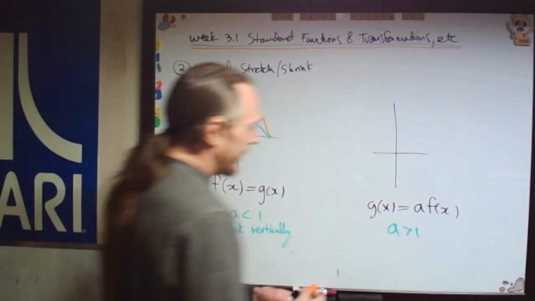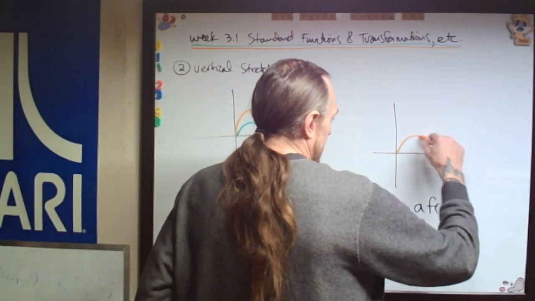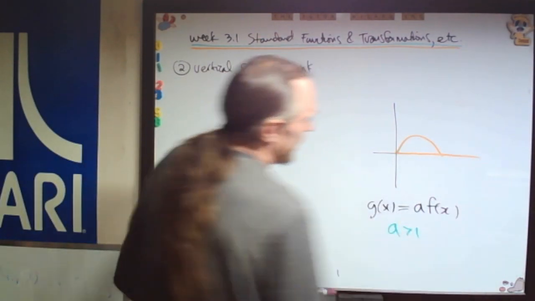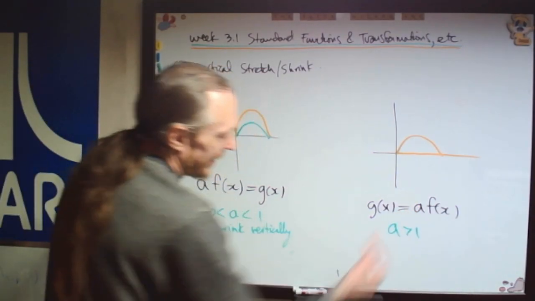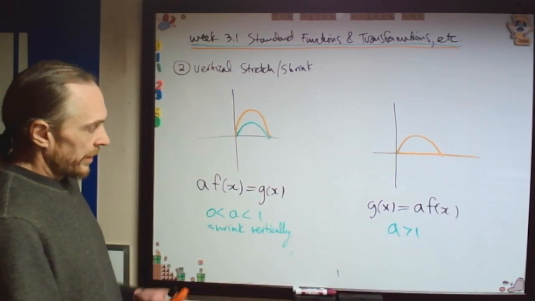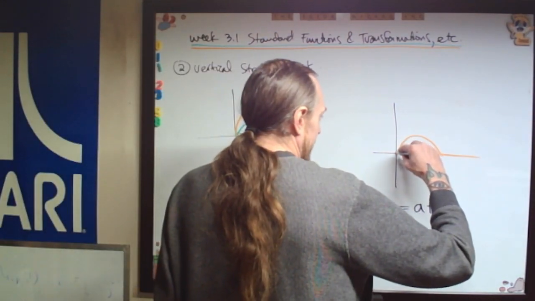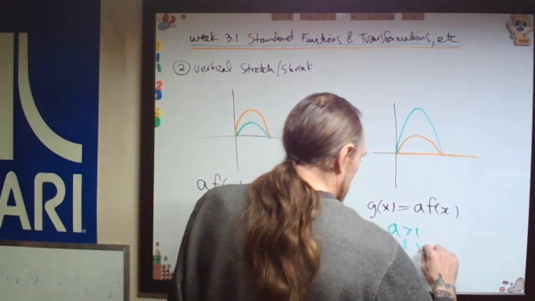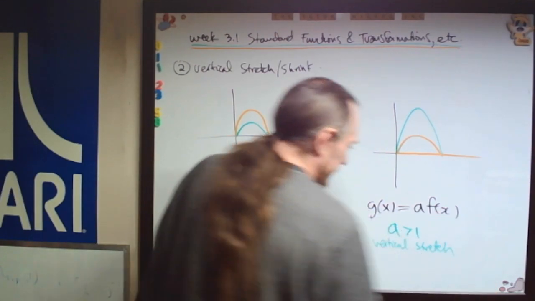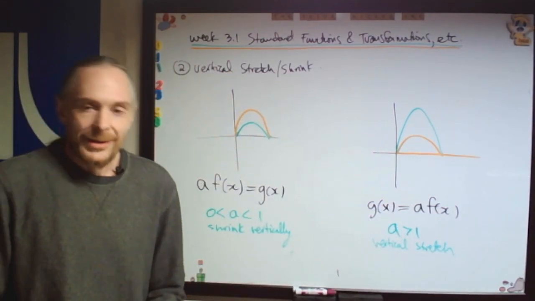And if my original function is like this, and I multiply by a on the outside, and it's larger than 1, then it will stretch it vertically. That one's the easy one.